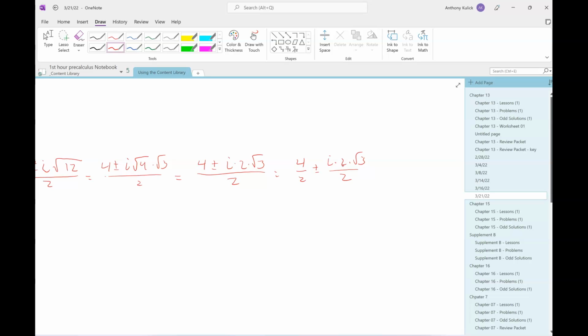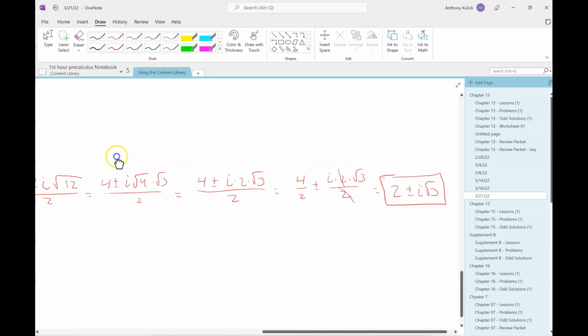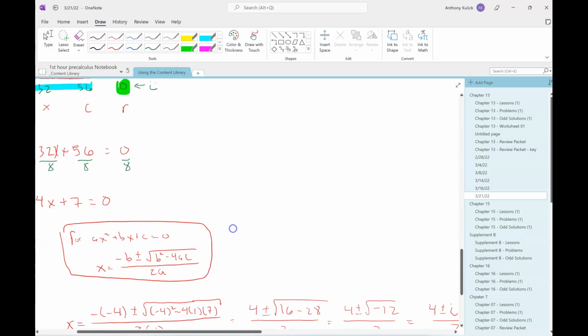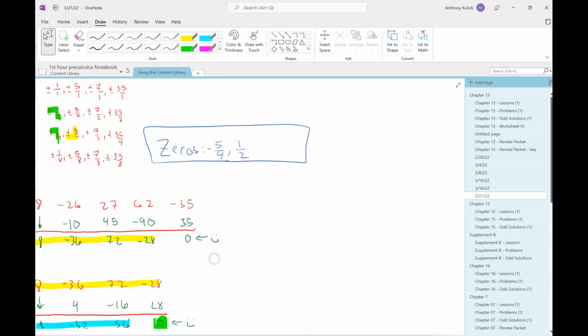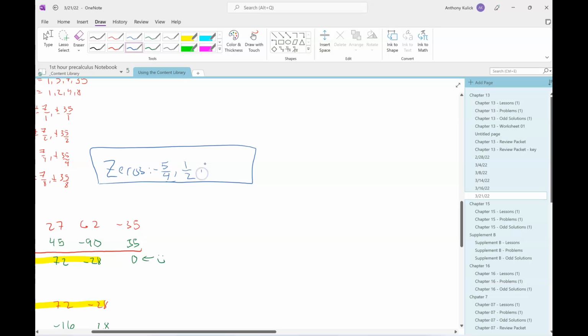Or you can take one fraction and break it up into 2 pieces with the common denominator, right? So 4 divided by 2 is 2, and then here the 2's can reduce. And there's my last 2 zeros. 2 plus or minus i root 3. So let's go back and put that in. Add a space for this way up here, right? Yeah, there it is.